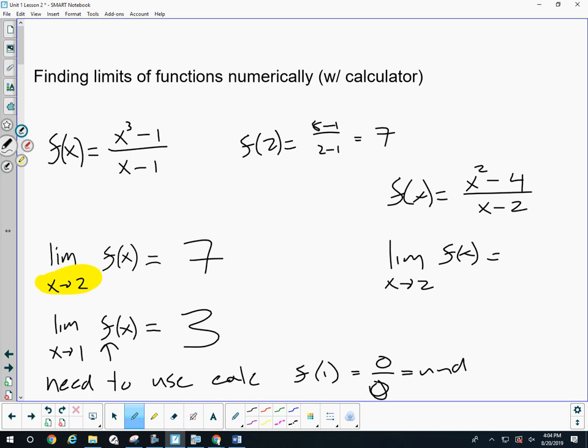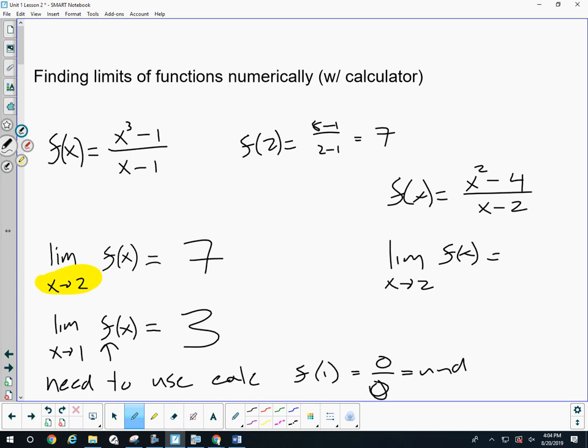No, you didn't. But you're lucky, because if you plugged in 2, you get 0 over 0. I could have thrown a trick at you and said as x approaches 3. And if you were all typing in and graphing, you were wasting time. But regardless, for 2, you do have to use your calculator because you get 0 over 0, an undefined value.